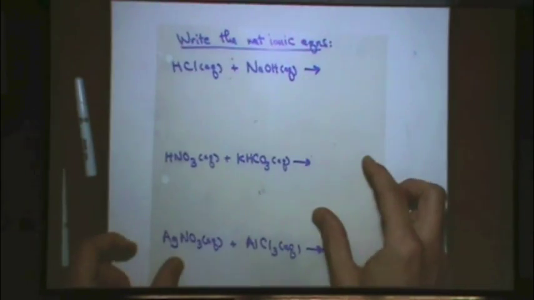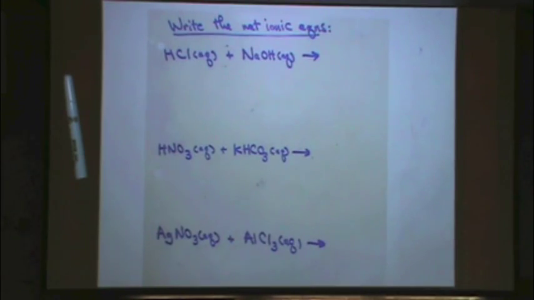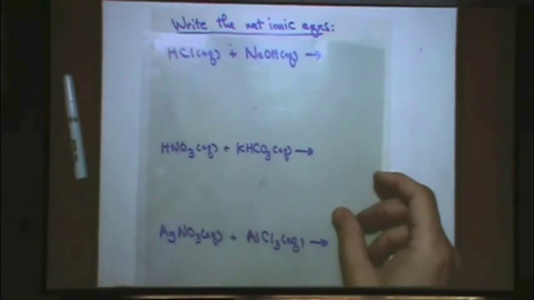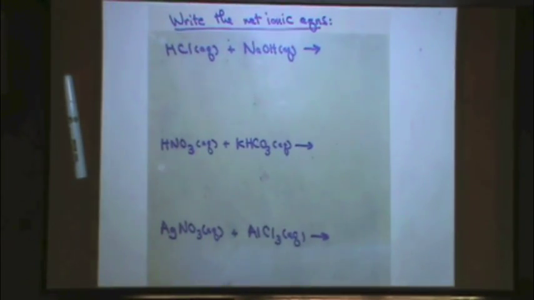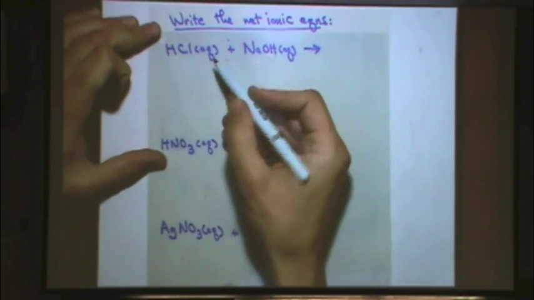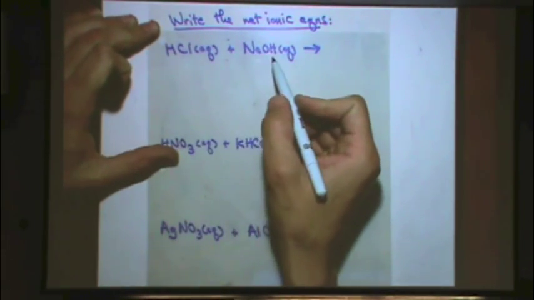Alright. So let's try this. Let's try to write a Net Ionic Equation so that we can figure out what's really going on in a reaction. You're going to see I'll always follow those 3 steps. Try this first one. Nicely, I gave you the state symbols. Let's write the products.